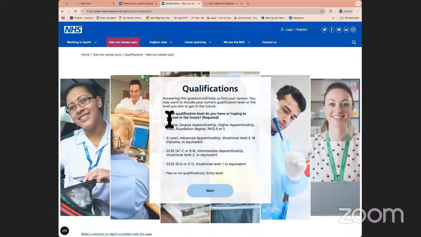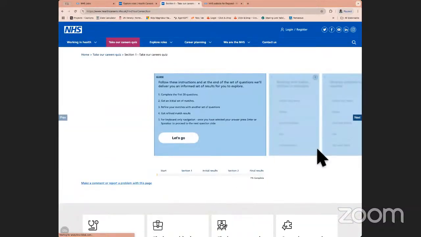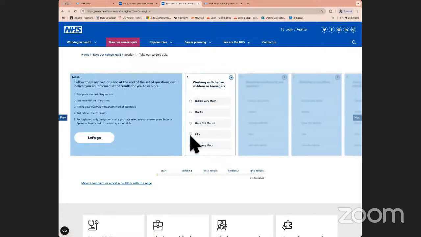Simple questions. So, what level of qualification are you hoping to have, or do you already have? So, if you click on some of the options towards the end, what it will do is take you through a set of questions, and these questions would be having multiple choice options. You have to just read the question and respond.